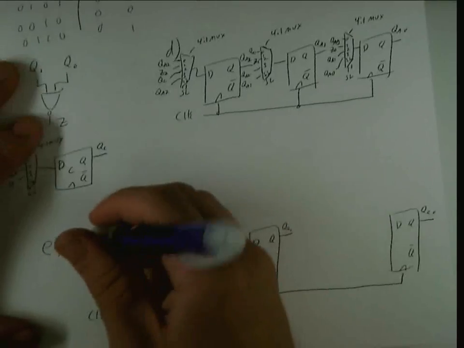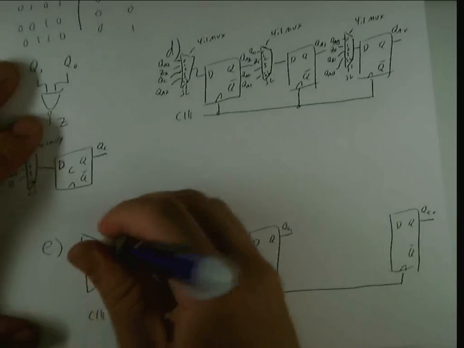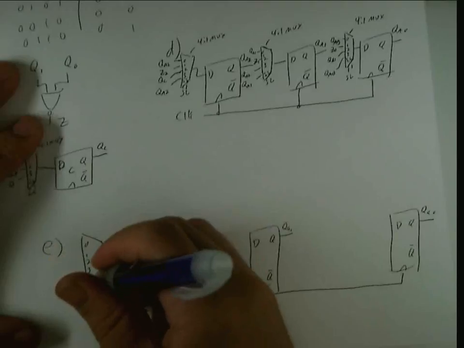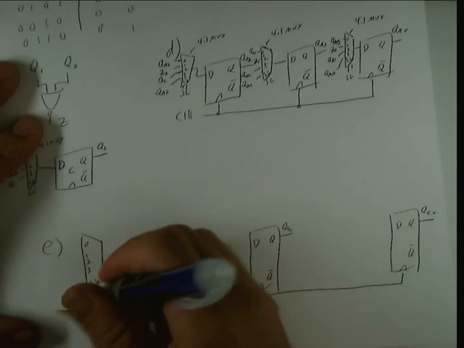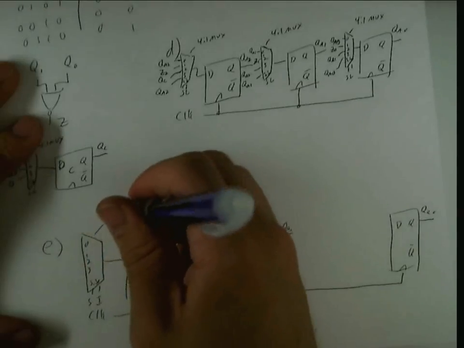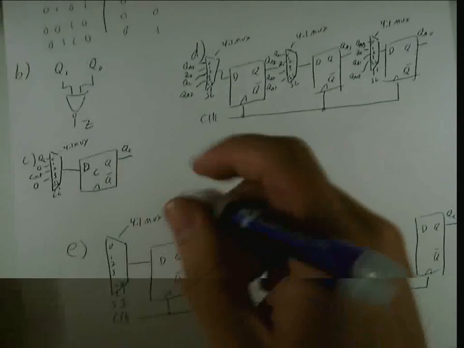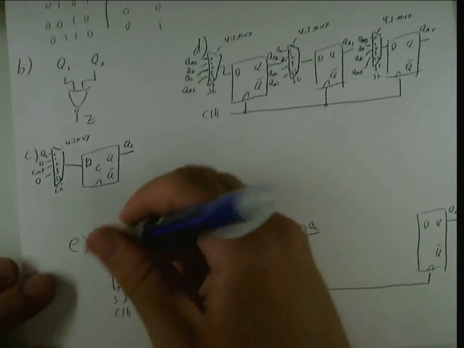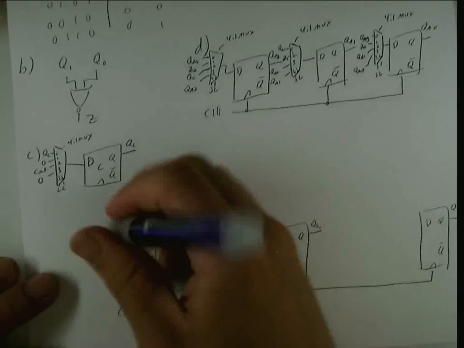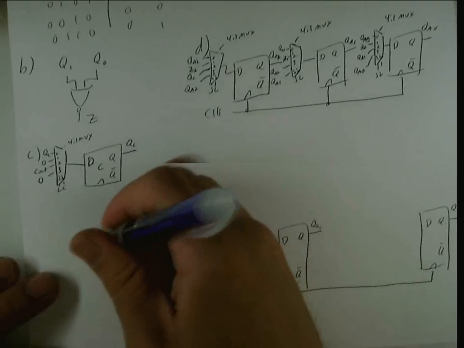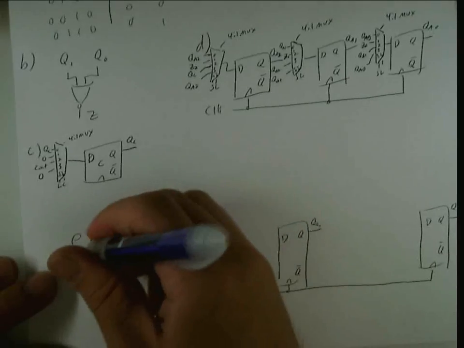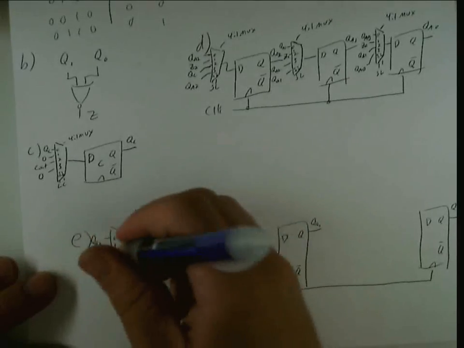And another big 4 to 1 mux. 0, 1, 2, 3. S1, S0, SI, 4 to 1 mux. When we have 0, we don't want to change anything, so Q2 stays the same. 1, that's when we initialize, so we're going to want to take in 2.